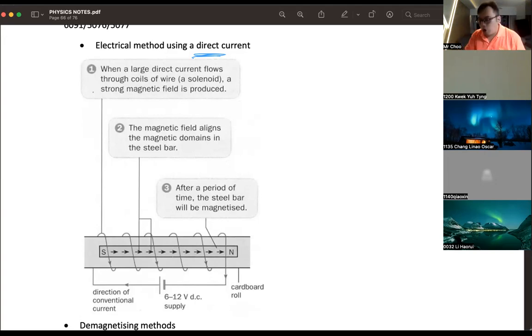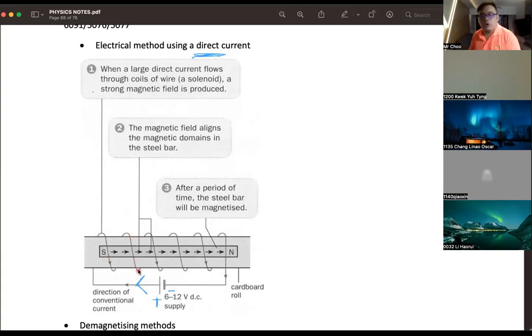Look at this diagram here. Can you see that this is the positive, this is the negative? So the current will move this way. You follow my arrow here. The conventional current will flow this way because it's positive, and then it goes behind and to the front, behind to the front.